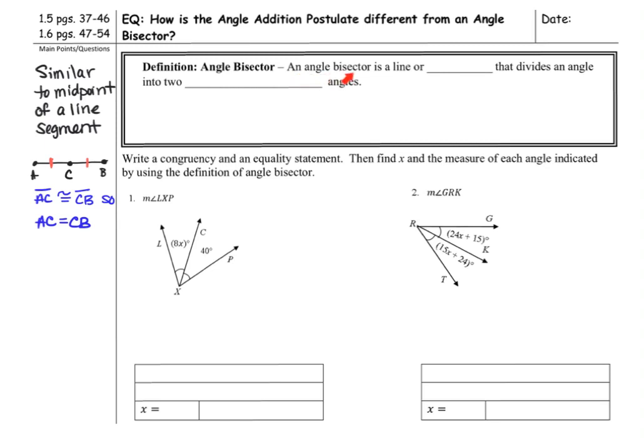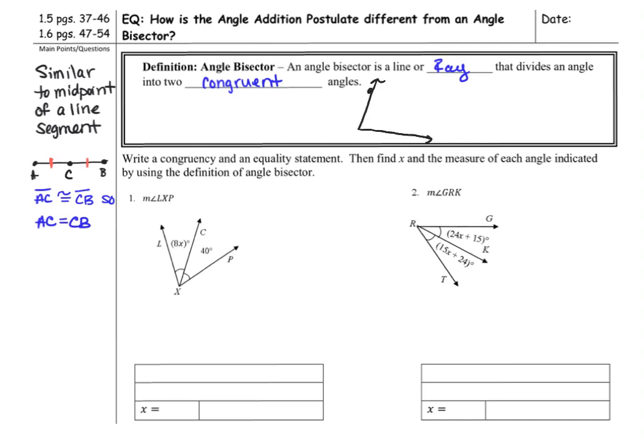So an angle bisector is a line or ray that divides an angle into two congruent angles. So let's just draw an angle real fast.